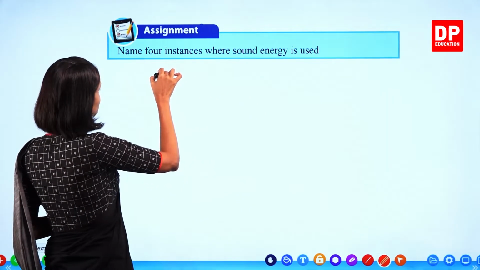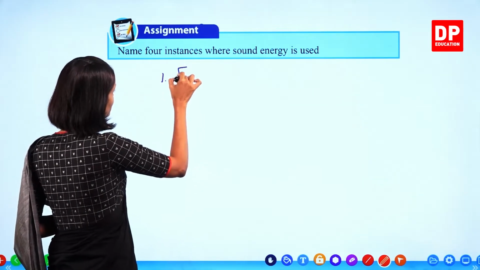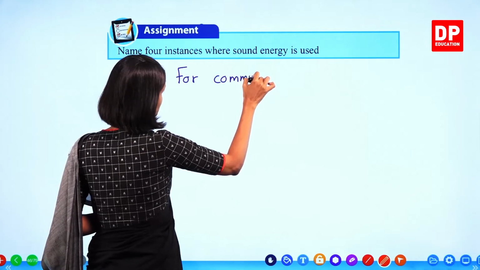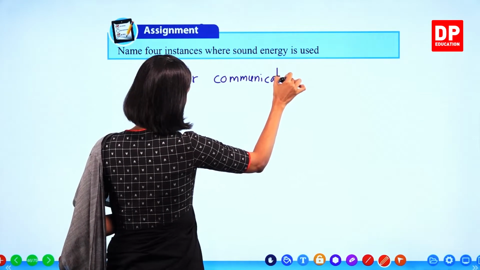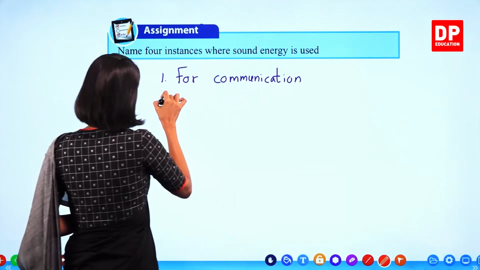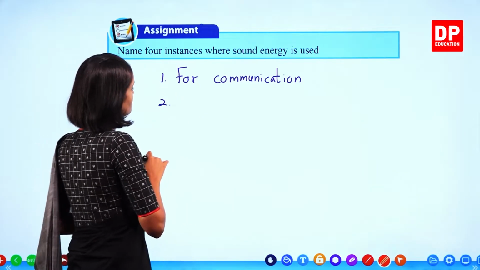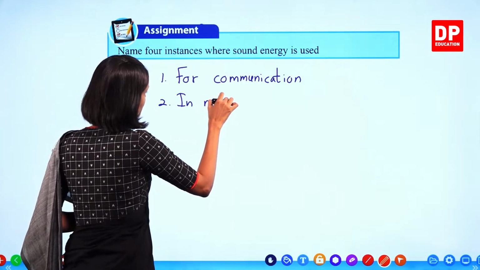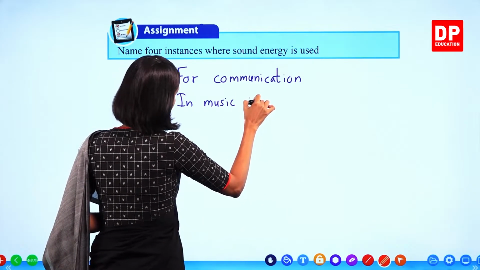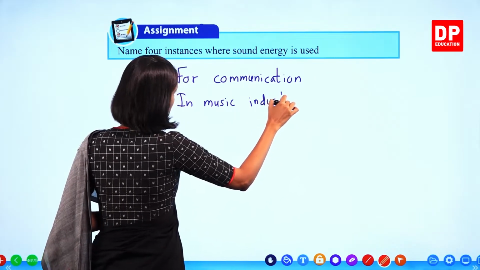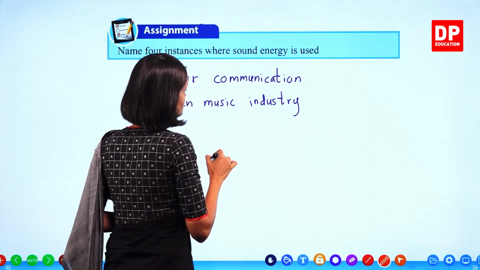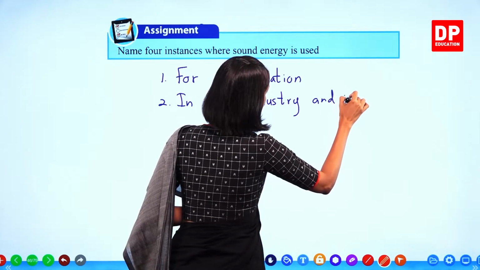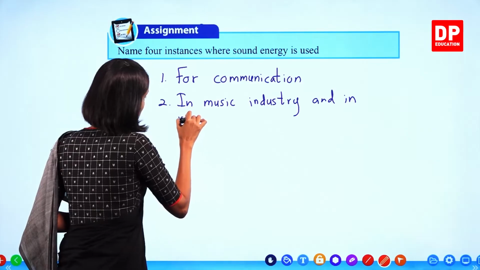You have to write 4 instances. For communication, in the music industry, and in musical therapy.